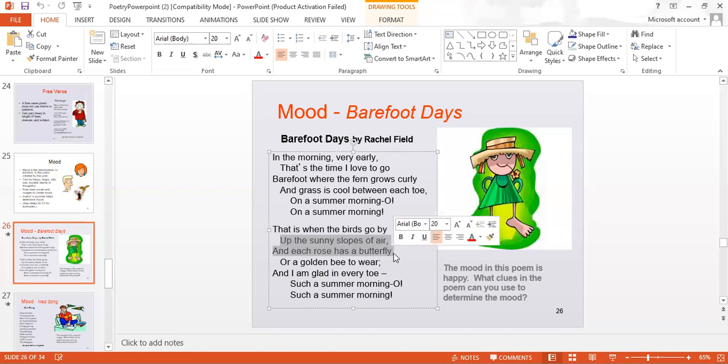This creates a happy mood, right? This actually creates that happy mood that we're talking about. So on a summer morning, oh, on a summer morning, it creates the mood that we're talking about.